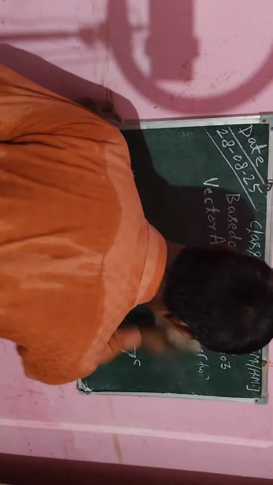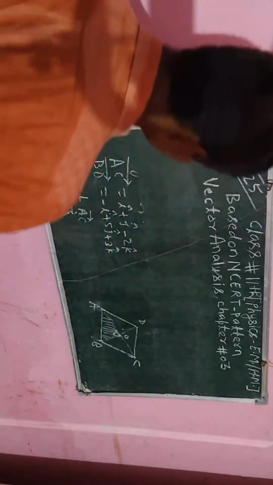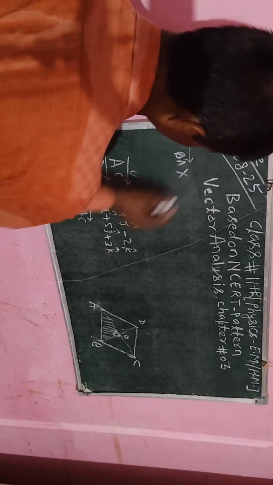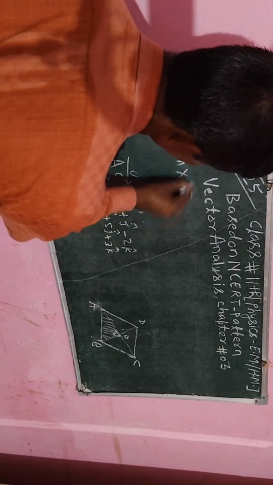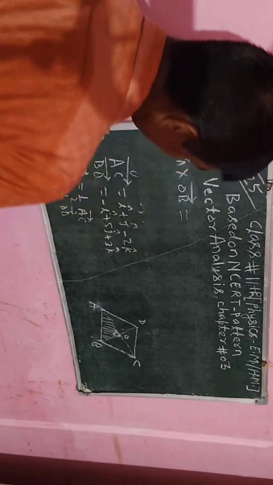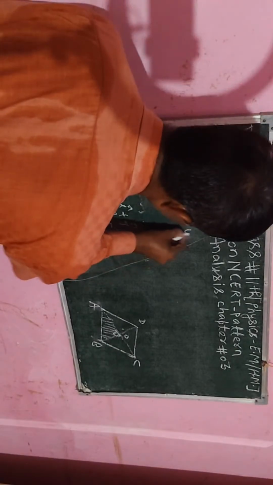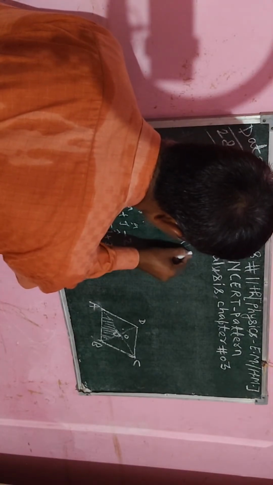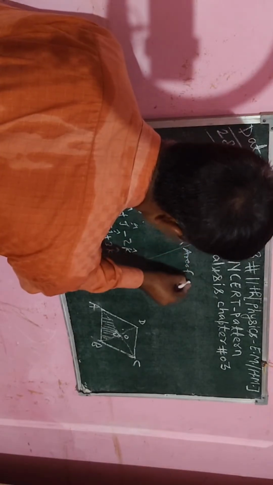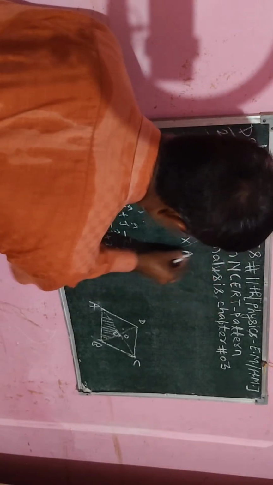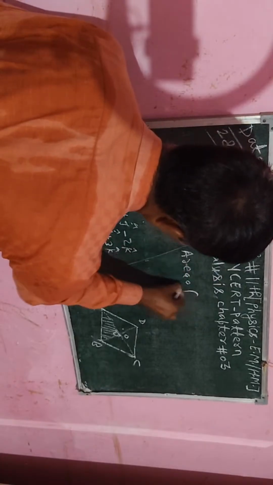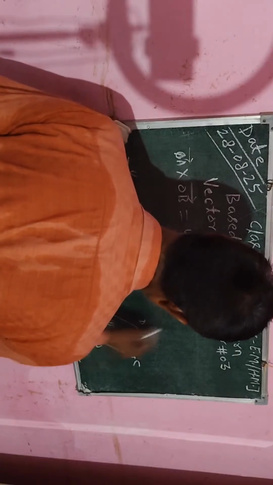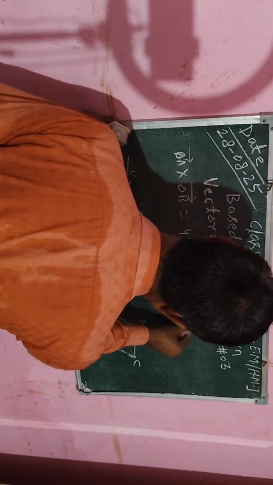Now here I have to write like this: vector OA cross vector OB is equal to 4 times the area of triangle AOB.